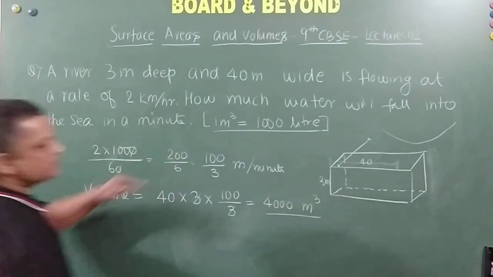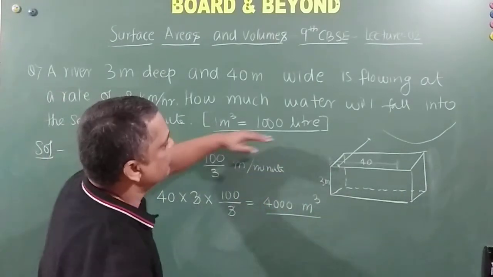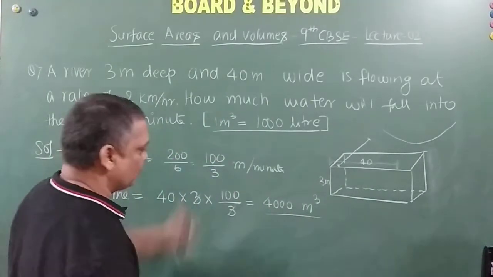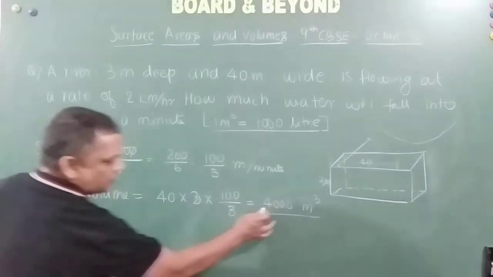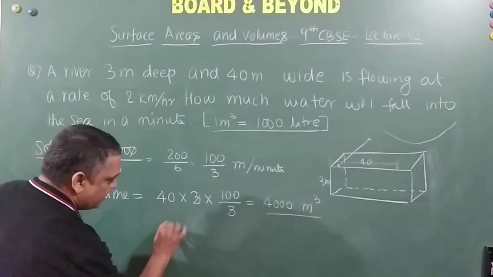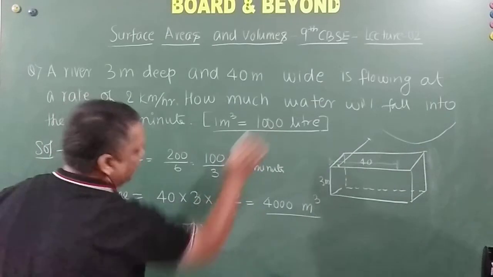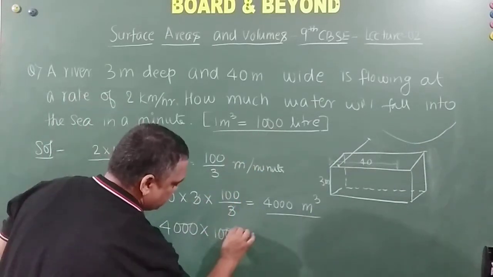So now it is given that 1 meter cube is equal to 1000 liters, right? So we are expected to find that into liters. So 4000 meter cube will be nothing but 4000 into 1000 liters.